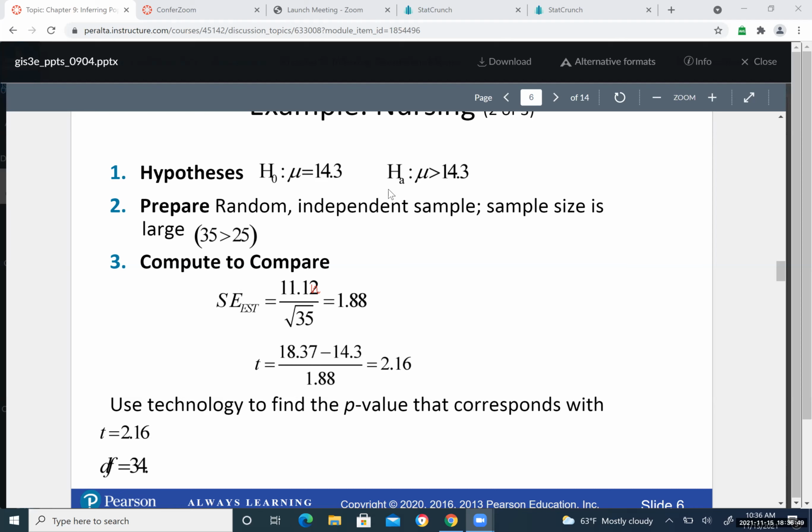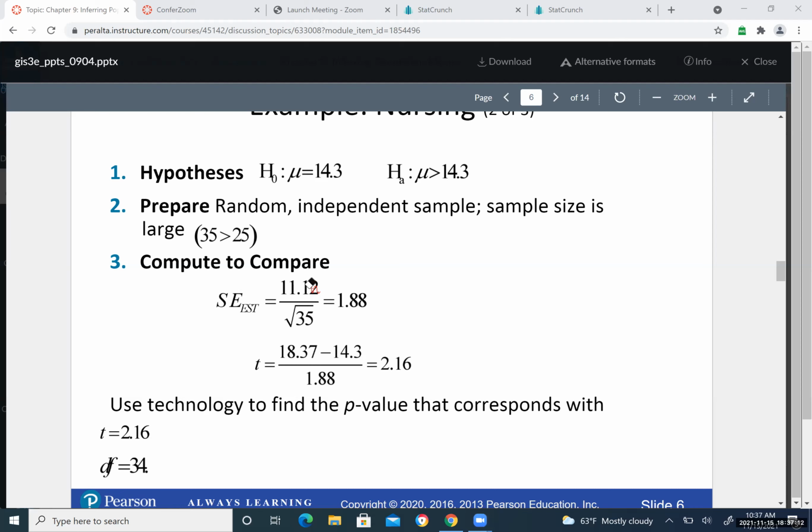So in the second step, you prepare, and you know that this satisfies the conditions. Now you start to compute. We have the sample size and X bar, right?